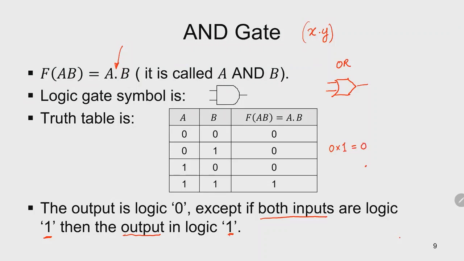Similarly, 1 multiplied by 0 will give us 0 also. And 1 multiplied by 1 gives us 1. So in AND gate or AND operations, it is the same as normal multiplication. You're multiplying the two inputs. So this is the truth table of an AND gate.